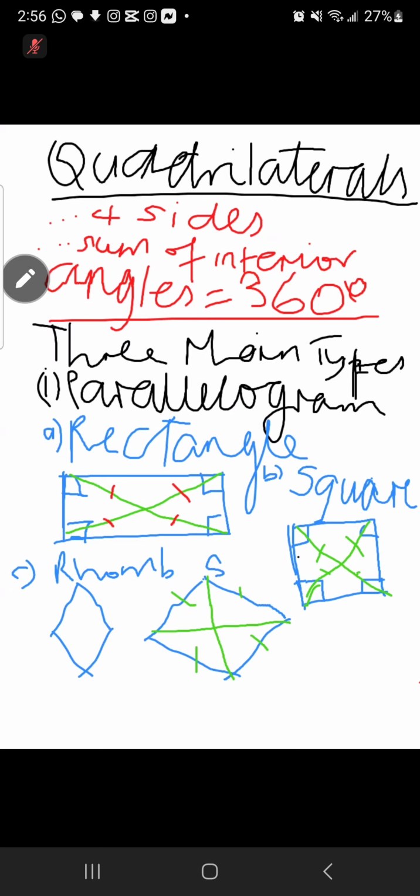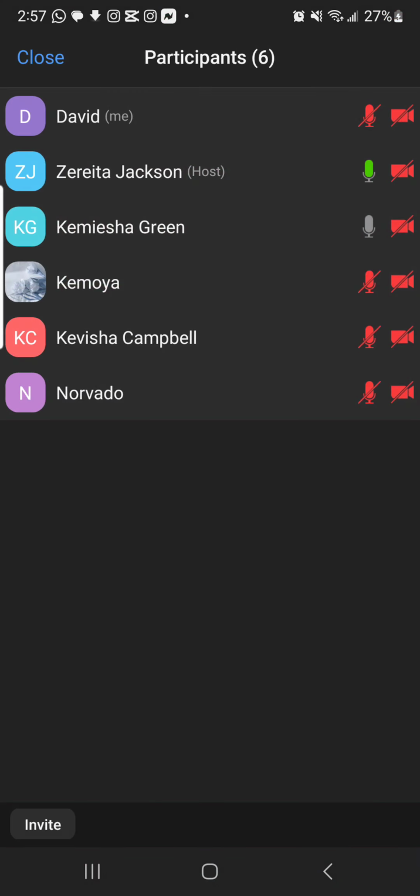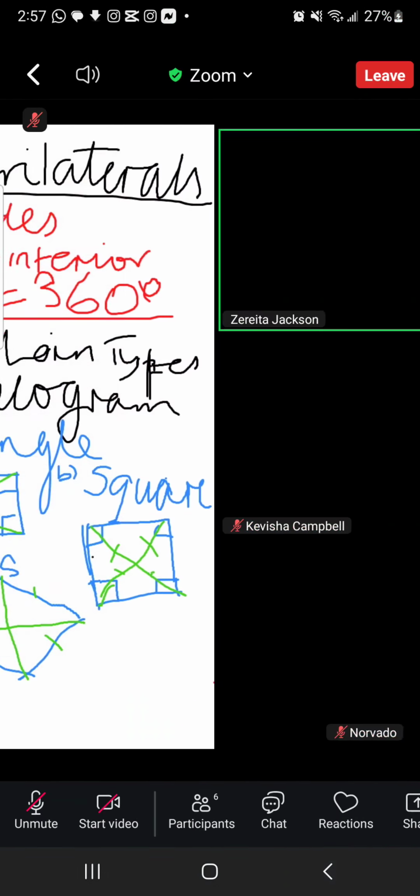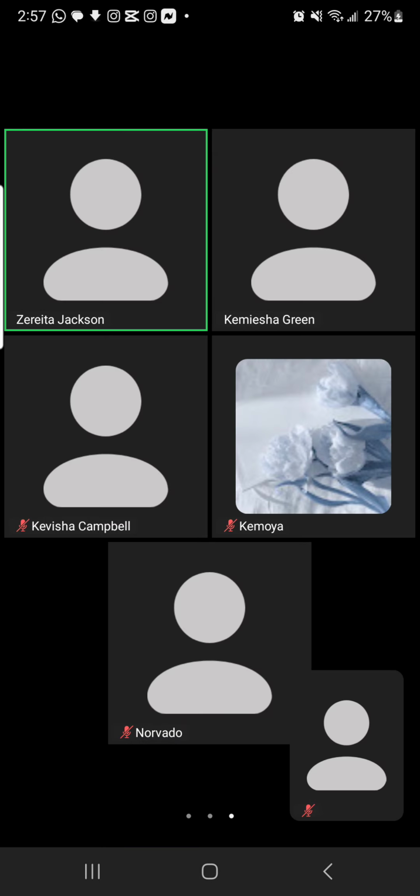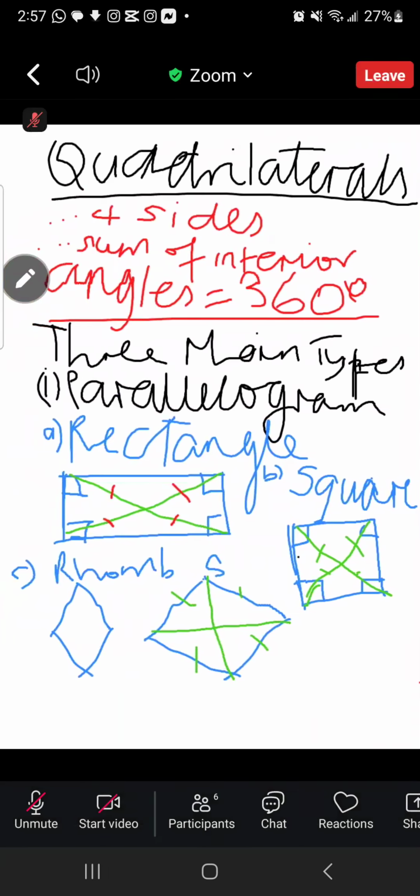And second, diagonals. D-I-A-G-O-N-A-L-S, diagonals bisect at right angles. So where I have the diagonals meeting like this, where I have them meeting here, it's all right angles all around.